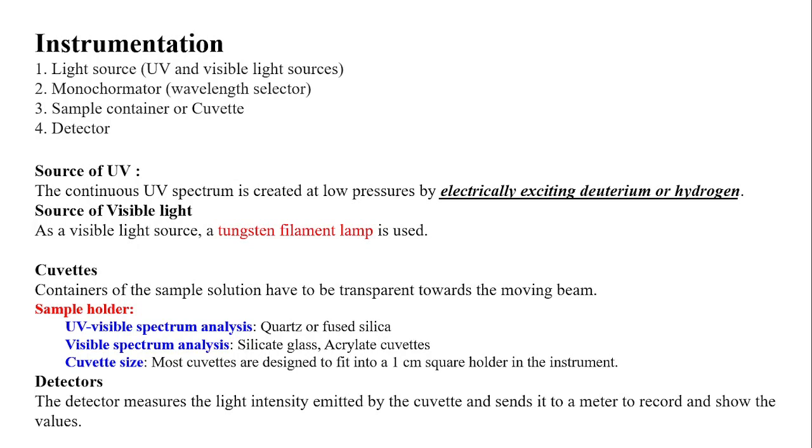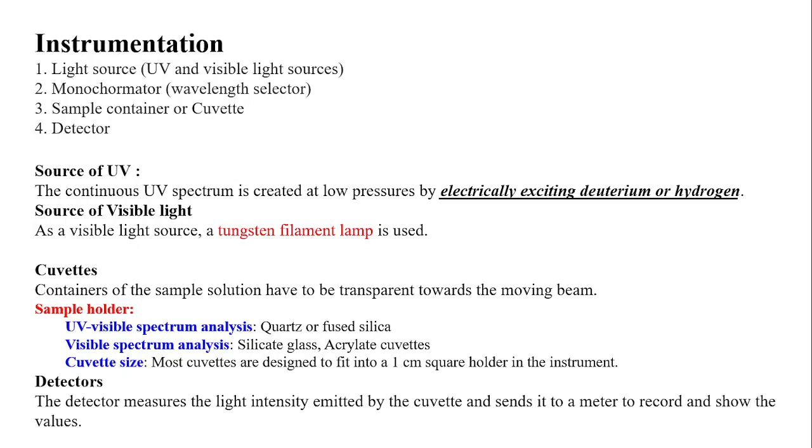Then there is a sample container or cuvette, and finally there is a detector. The UV spectrum is produced by electrically exciting deuterium or hydrogen, and the source of the visible light that is used is a tungsten filament lamp.